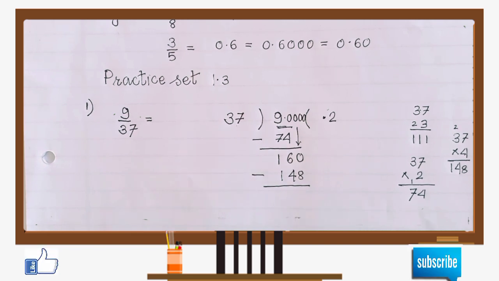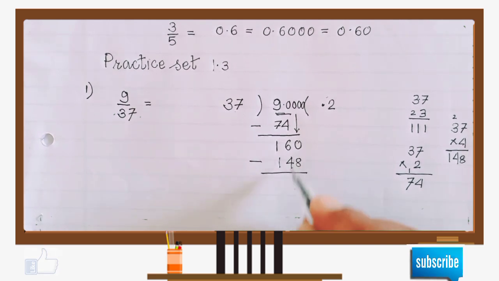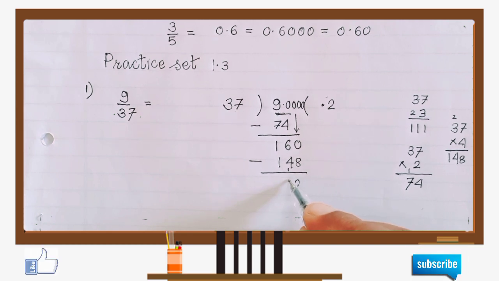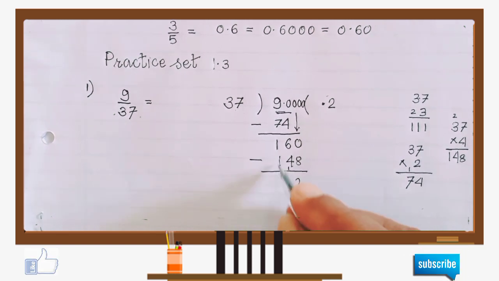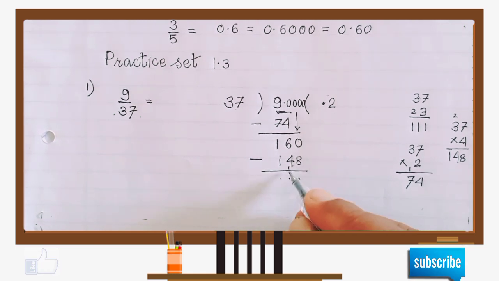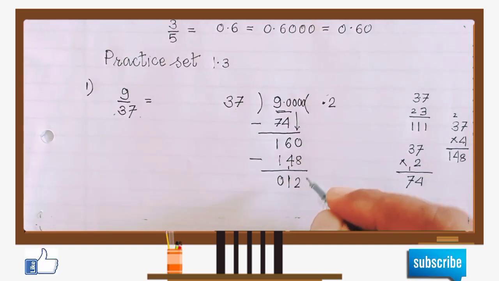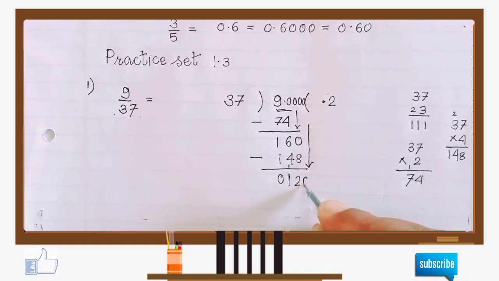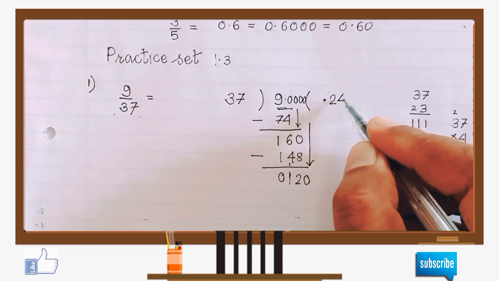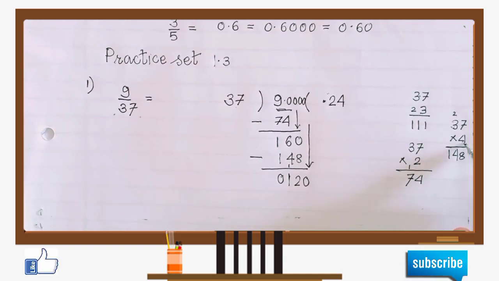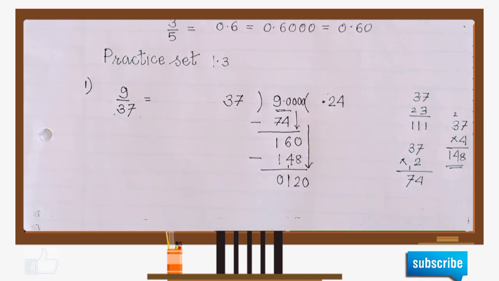Make the subtraction here. After the subtraction, we get 12. Now you bring down 0 again, so 120. We multiplied by 4 before, 37 into 4 is 148, which we wrote and then subtracted.